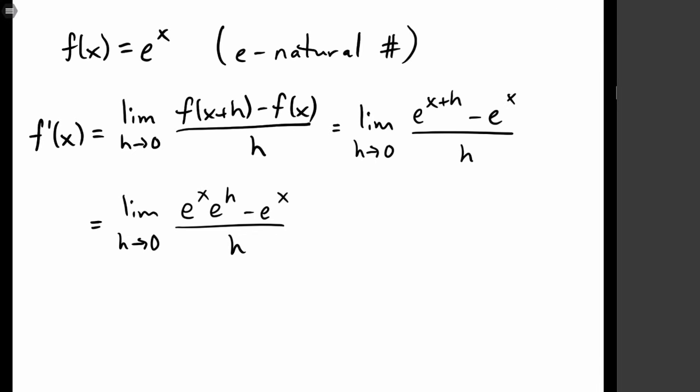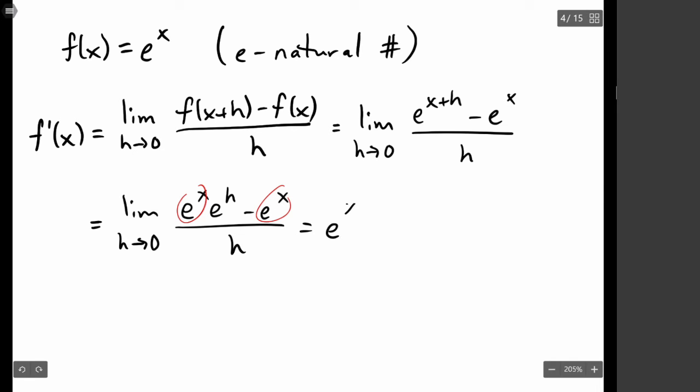All right, now that we're here, notice both of these terms have e to the x in it, right? So I can factor it out of the numerator. But even further, this limit has to do with h, nothing to do with x, so I can factor it all the way out.